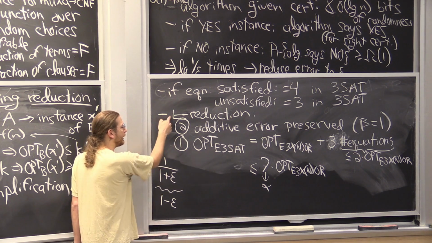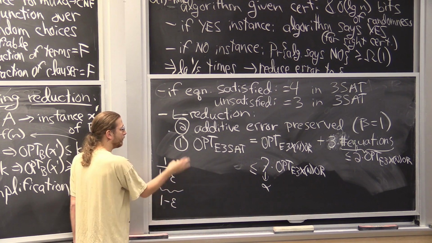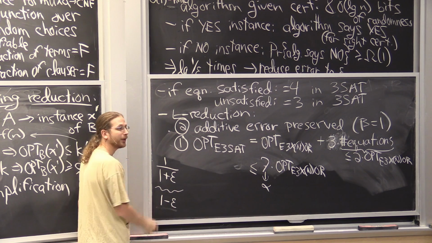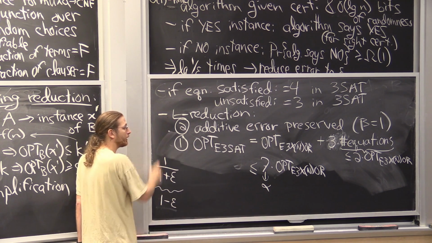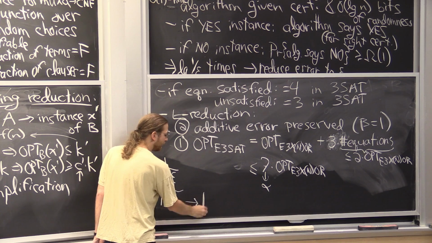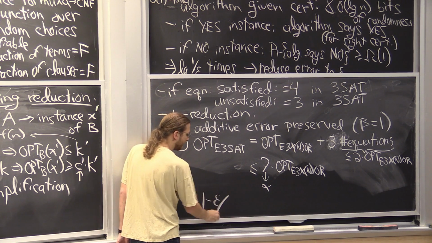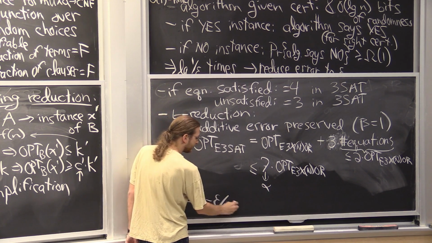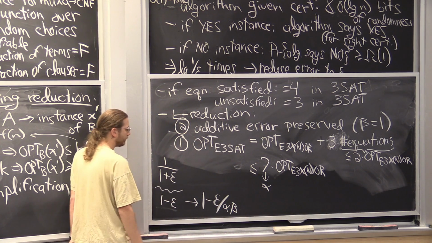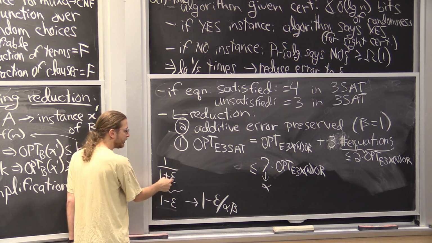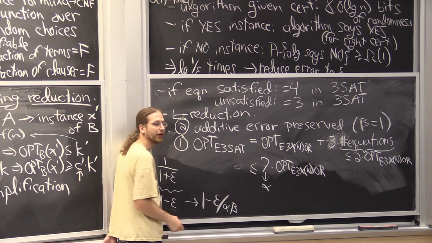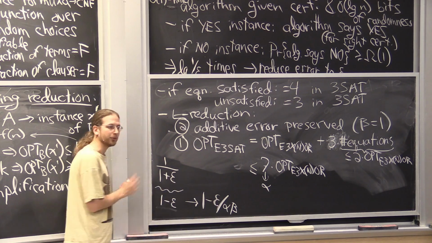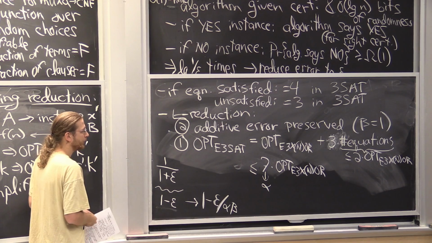In general, for a maximization problem, if you have 1 minus epsilon approximation before the L-reduction, then afterwards you will have a 1 minus epsilon over alpha beta. So for maximization, we had 1 plus epsilon, and then we got 1 plus epsilon over alpha beta. With the minuses, it also works out. That's a cleaner way to do maximization.